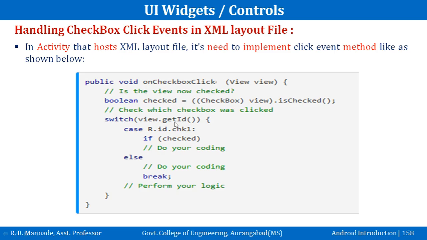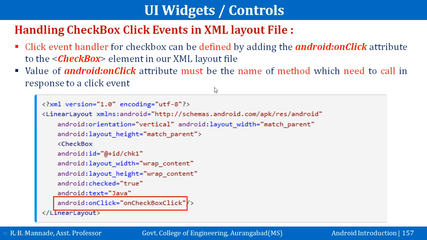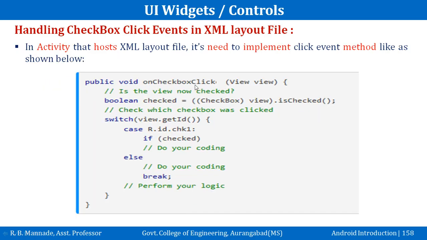If you observe carefully, this is a user defined method or user defined function whose name is onCheckboxClick. Okay, so if you observe carefully here, the name of the onClick property, onCheckboxClick, and the name of this method are the same, and it must be the same in order for the click event to work properly, right?